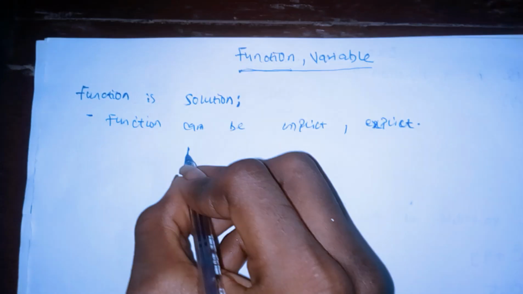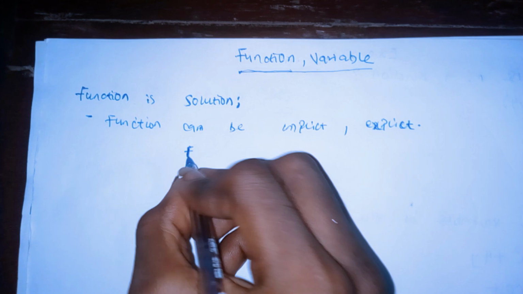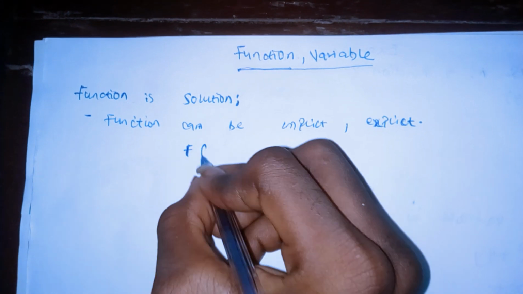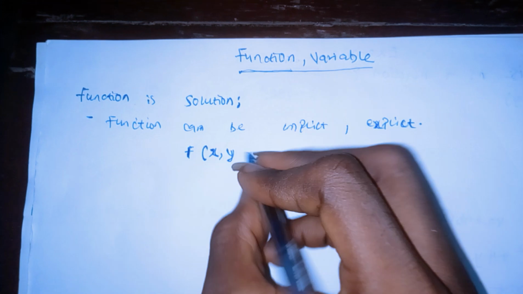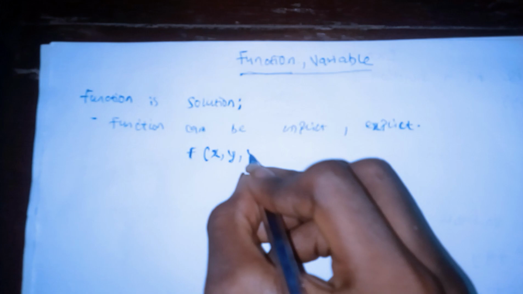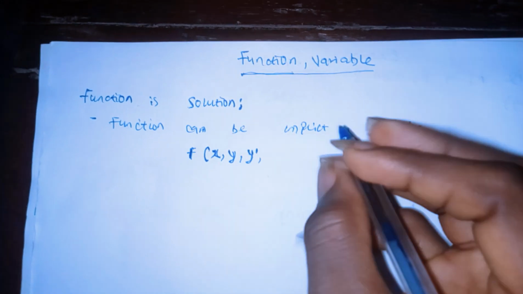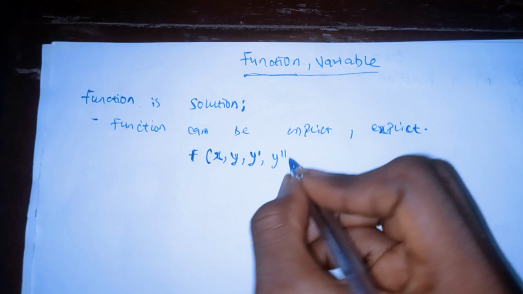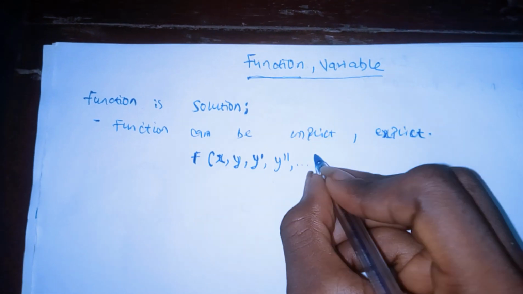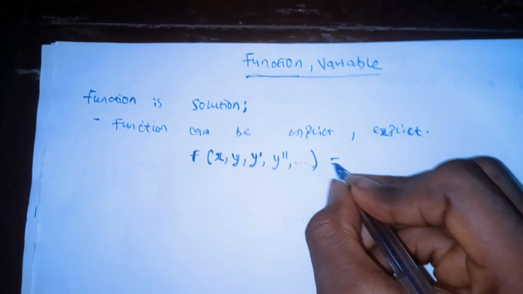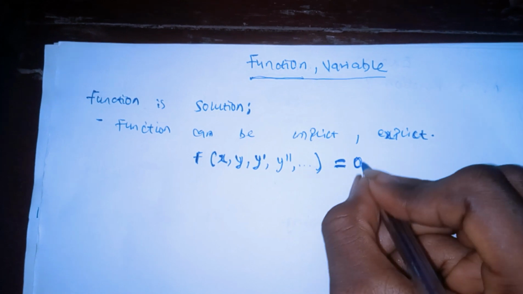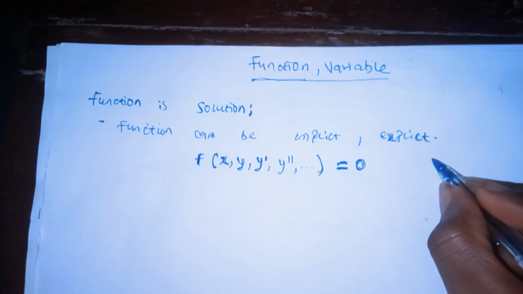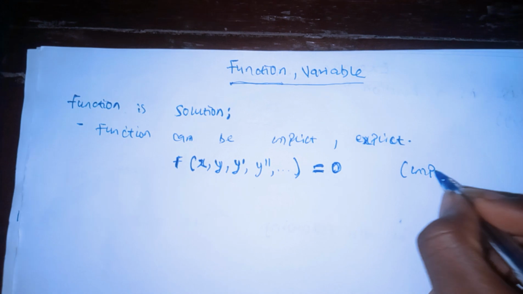Explicit function is what I will denote right now. Implicit function is when there is a variable x and there is also a variable y, and there is also a derivative of y, and so on. And when it is equal to, remember it's an equation, you have to have an equals to, is equals to 0. This is an implicit function.